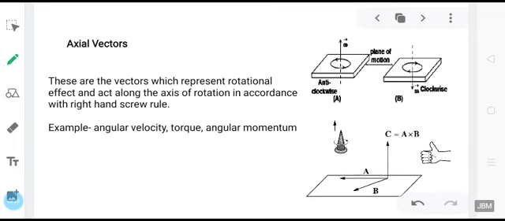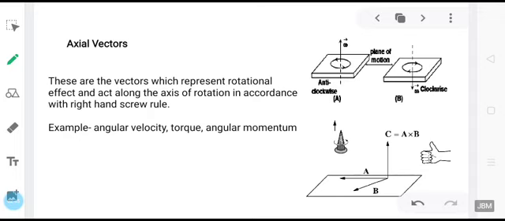Axial vectors are those vectors which represent a rotational effect and act along the axis of rotation in accordance with the right-hand screw rule. As you can see in the picture, there is an axis of rotation, and about that axis we can figure out an axial vector.